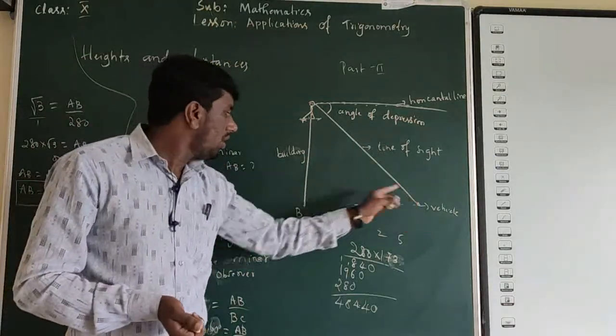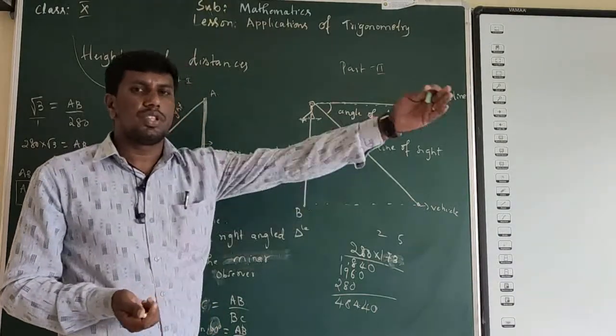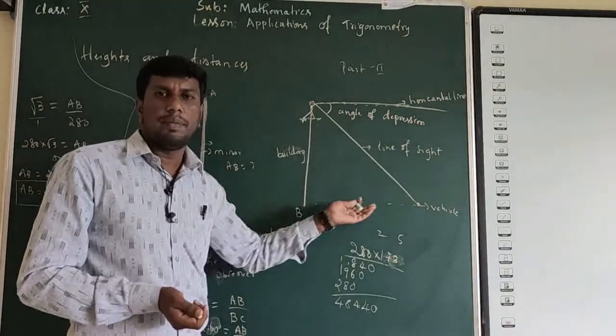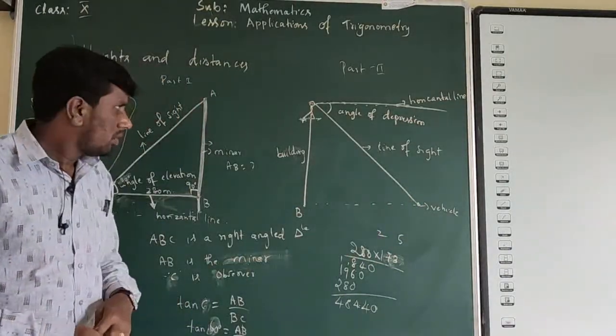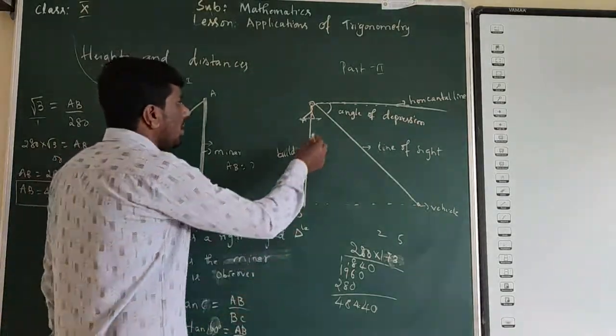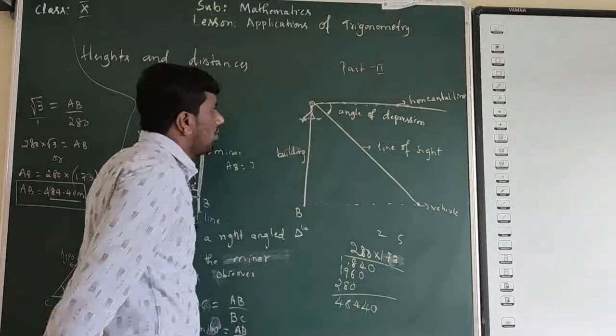There we can also find the distance of this vehicle from the building, how much distance it is from the building, by using trigonometric ideas. Again, it is very simple. This is the angle of depression. This theta we can find out.